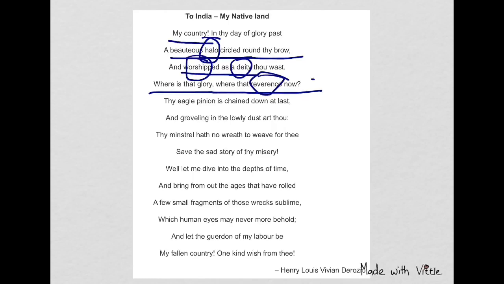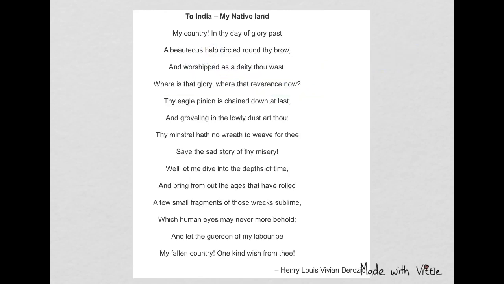Reverence means respect. So, the poet is lamenting over the loss of glory, the loss of respect due to the British rule. Thy eagle pinion is chained down at last.